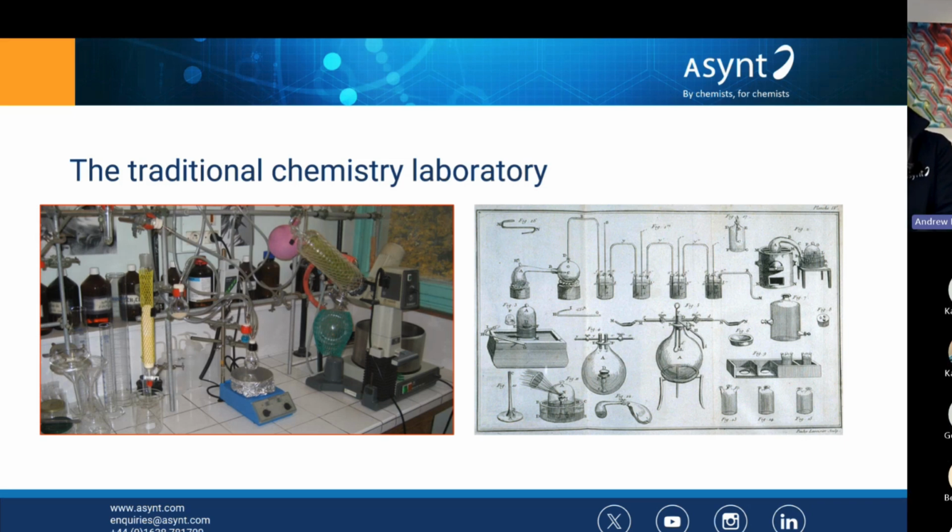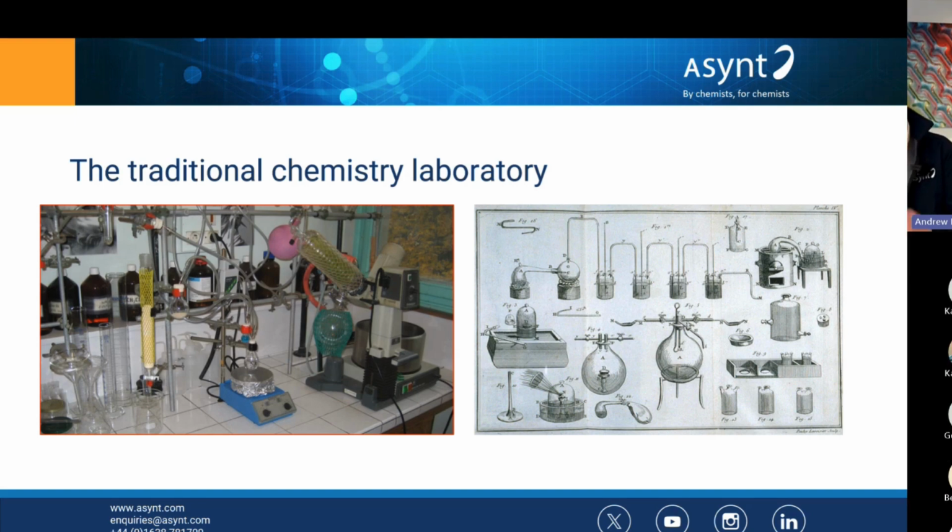If you look at this old image here, we've got round bottom flasks, we've got evaporation. We've got photochemistry, so there's a lens there focusing light onto a reaction. And if you look on the right-hand side, there's even a parallel station for multiple reactors. So all of these techniques are familiar to us.